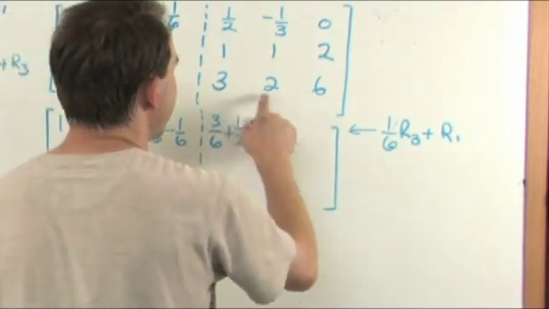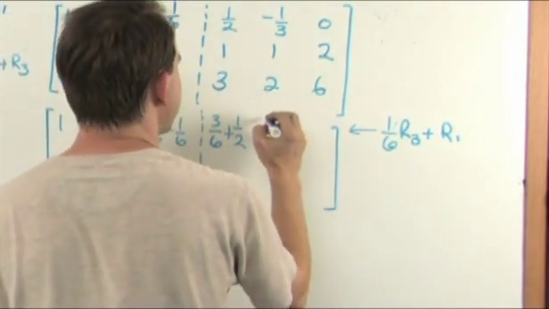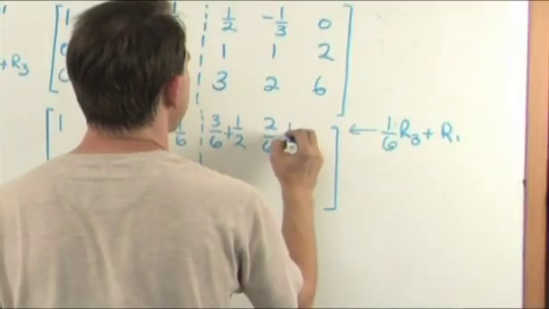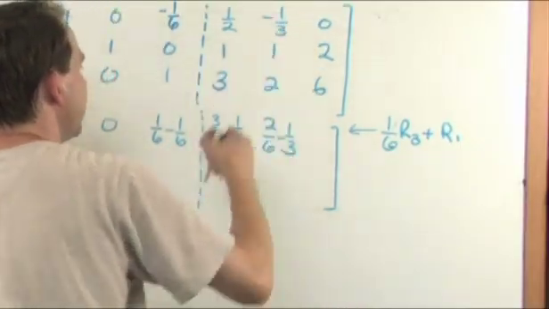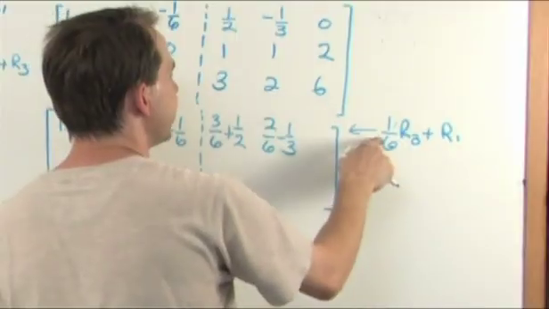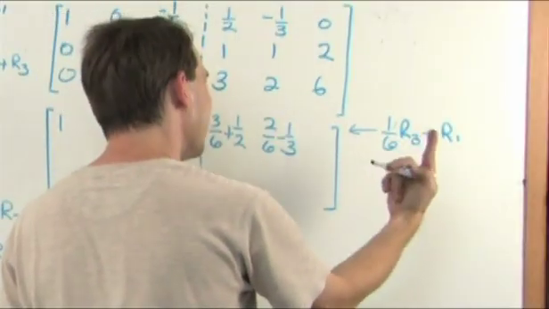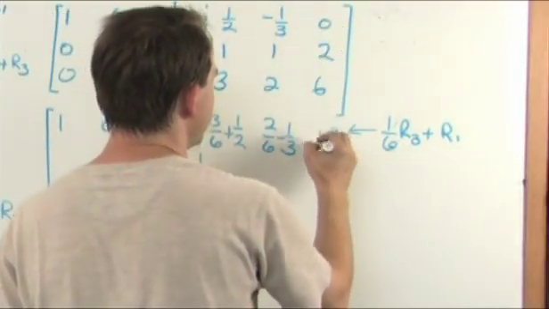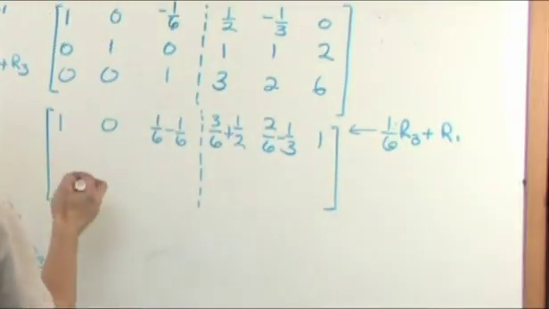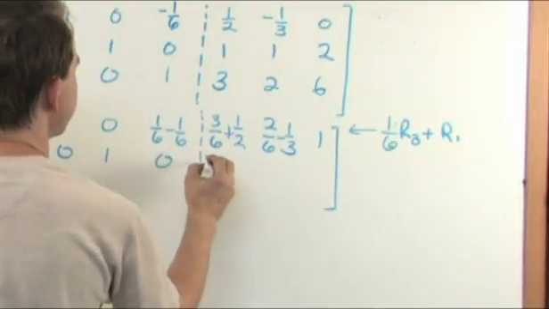Down here, you're going to have 1/6 times this is going to be 2/6 minus the third from up here because I'm adding it up there. And then you have 1/6 times this, 6 times a 6 is 1, plus the 0 is just going to give you the 1. Everything else in the matrix is actually unchanged.